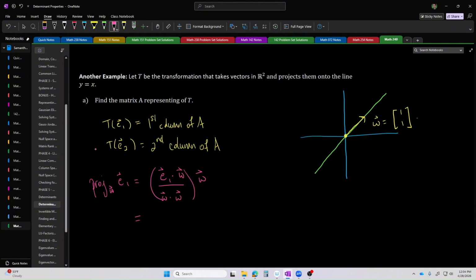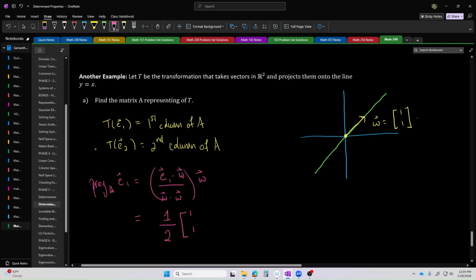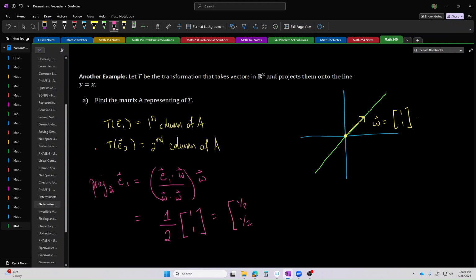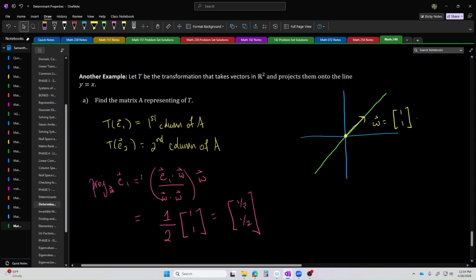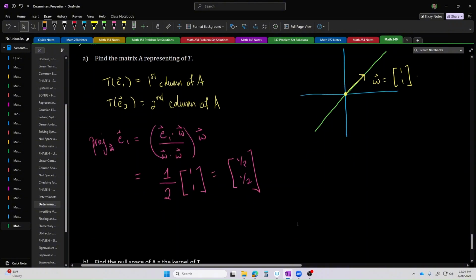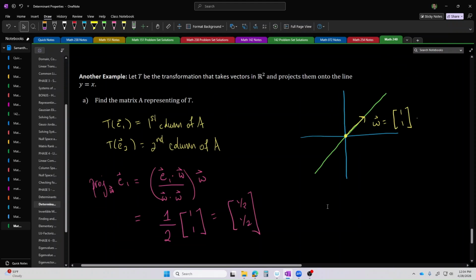Now, the dot product of e1 with w is going to be the number 1. The dot product of w with itself is going to be the number 2. And if I apply that scalar multiple to w, I get the result (1/2, 1/2). So that would be what happens when this transformation is applied to the first standard basis vector. And so that would form the first column of our matrix A.